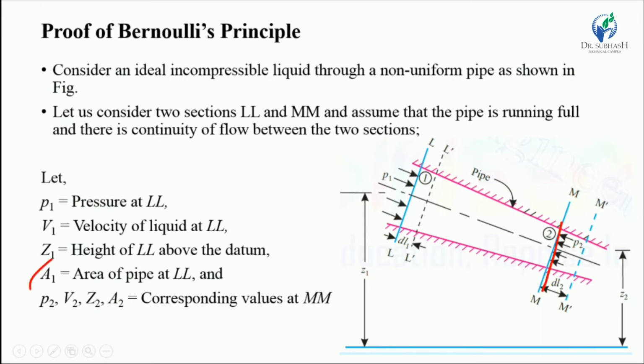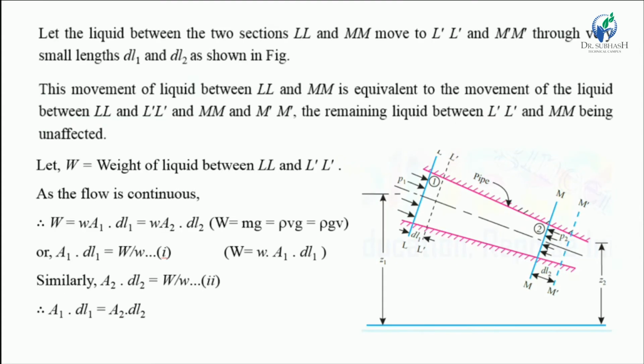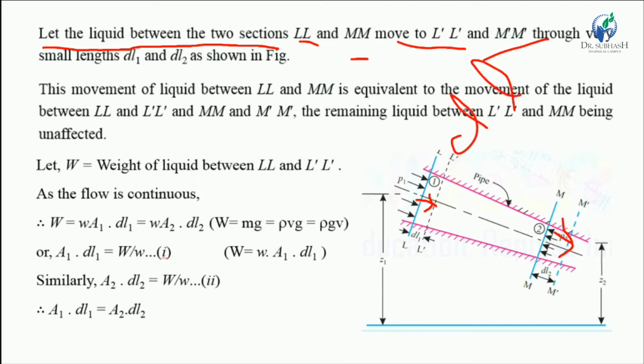Okay. Now A1 is the cross section area of the pipe at LL, and A2 is the cross section area of the pipe at MM. Now the liquid between the two sections LL and MM moves to LL dash and MM dash, that is, LL to LL dash and MM to MM dash, through very small lengths dl1 and dl2.